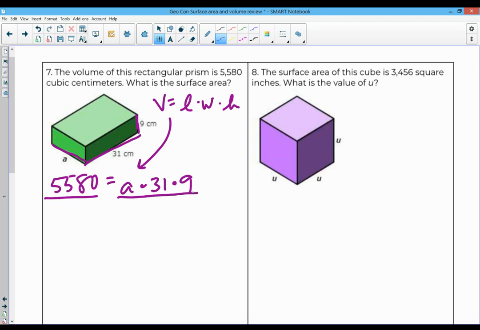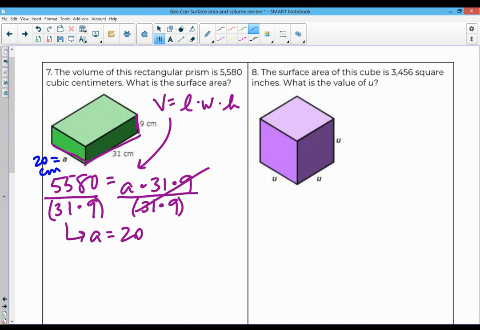So if I divide both sides by 31 times 9, that's going to give me the value of A. So that tells me that A equals 20. So I'll fill that in here, 20 centimeters.